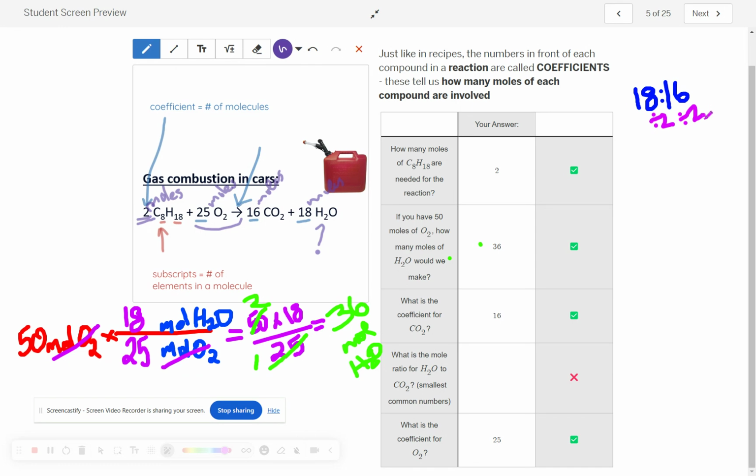Let's see if that makes it small enough. So then what do we get? 18 divided by 2 is 9, and 16 divided by 2 is 8. We cannot simplify that any further. There's no common factor between 9 and 8. So we are going to go ahead and put 9 to 8 right there. Okay, and notice now we have solved all of these options. Nice job.